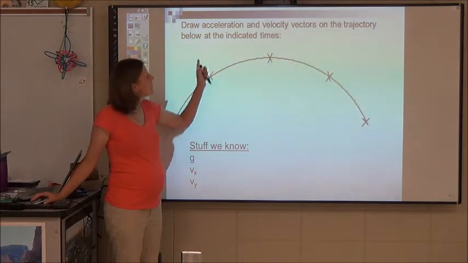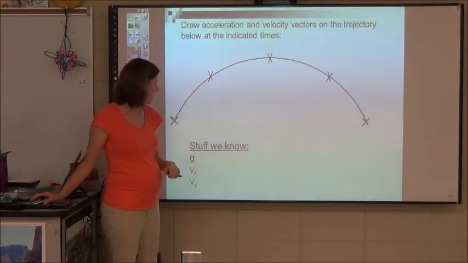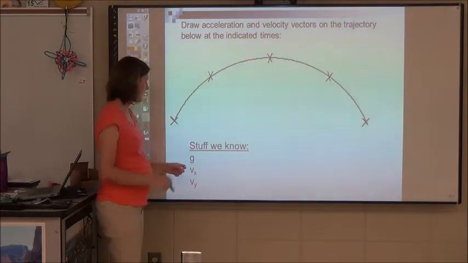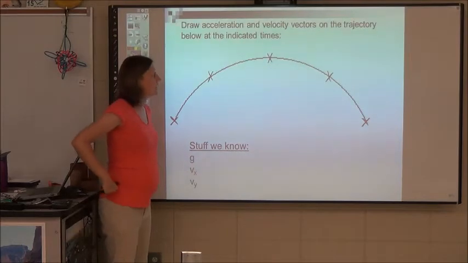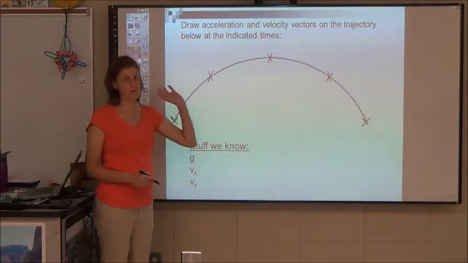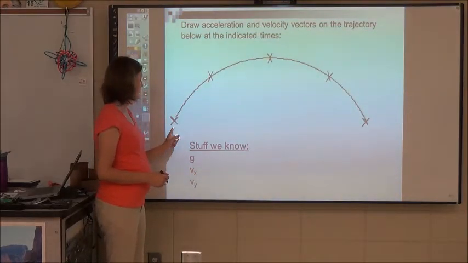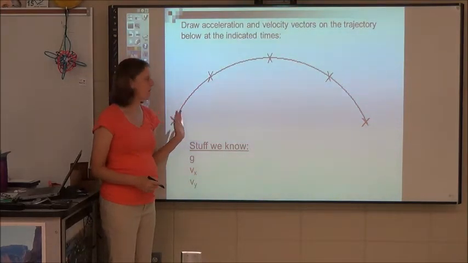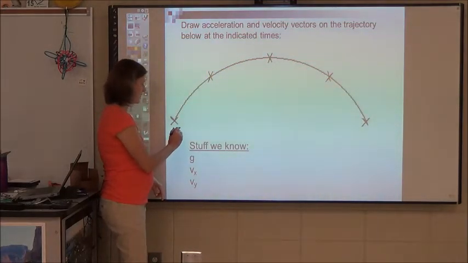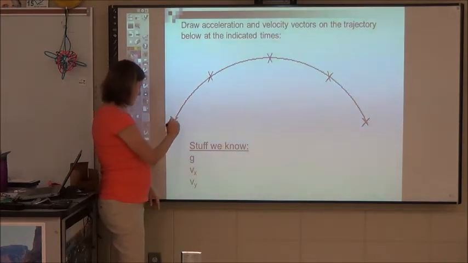Okay, I do like to draw the acceleration and velocity vectors on this little trajectory. So I'm just going to start with gravity. Now gravity is not a velocity vector, but that's okay. We know that gravity is the same anywhere on this little trajectory. So we could assume this was maybe that golf ball that was chipped. Gravity is always down. I'm going to make it blue.